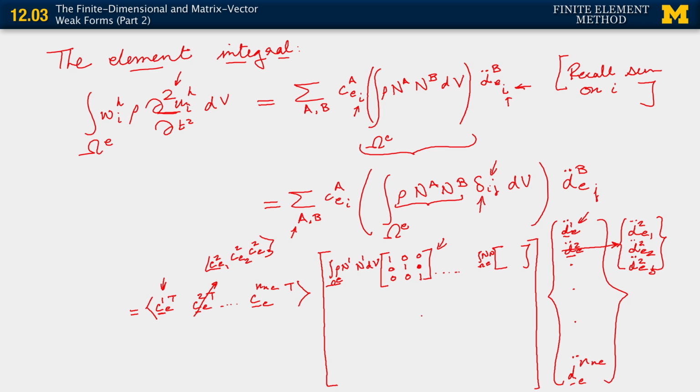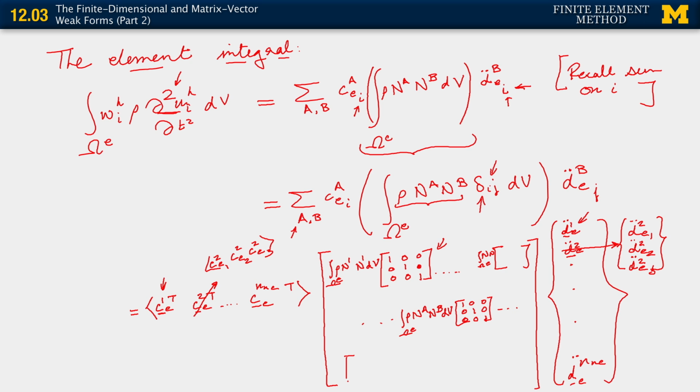Okay, and so the general term in here would be something like integral over omega E rho NA NB dV times the matrix 1 0 0, 0 1 0, 0 0 1.